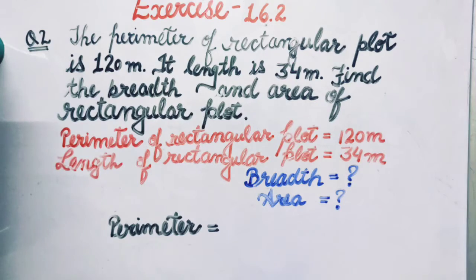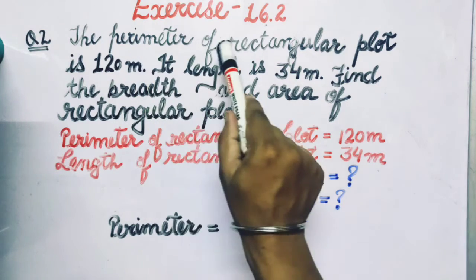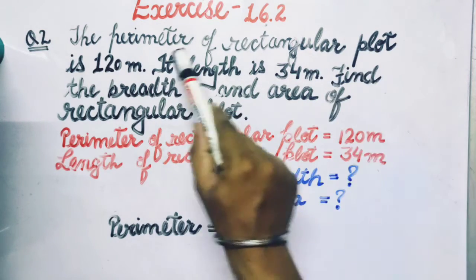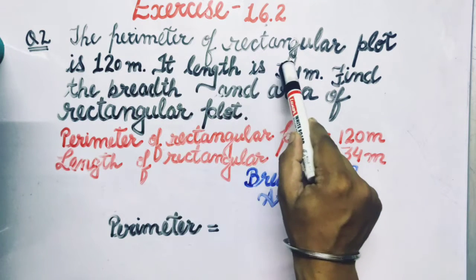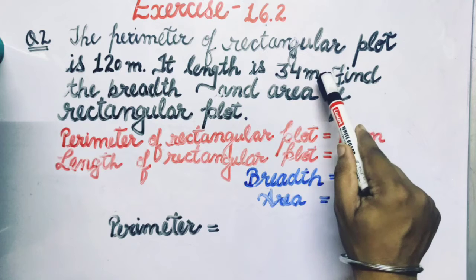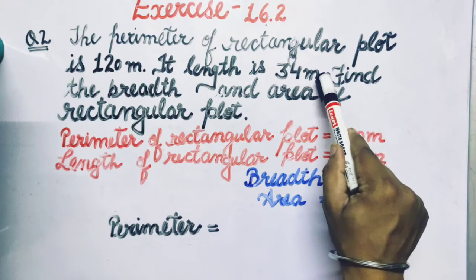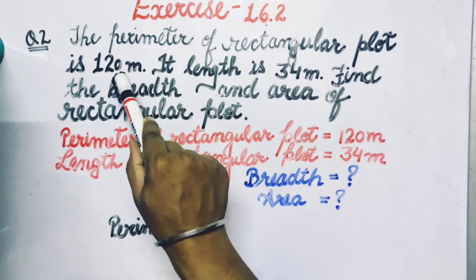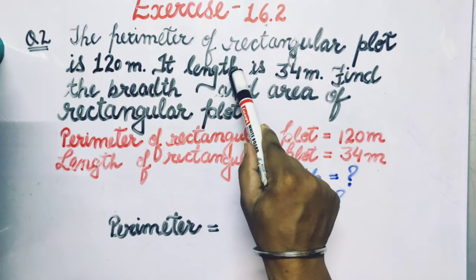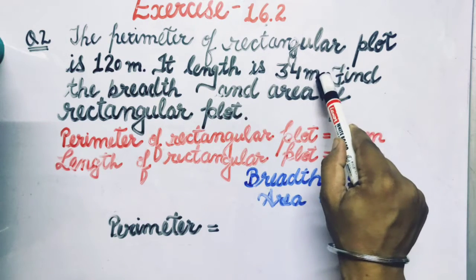Our question number 2 is: the perimeter of a rectangular plot is 120 meter and its length is 34 meter. So students, two pieces of information are given to us. First, the perimeter of the rectangular plot, and second, the length, that is 34 meter.